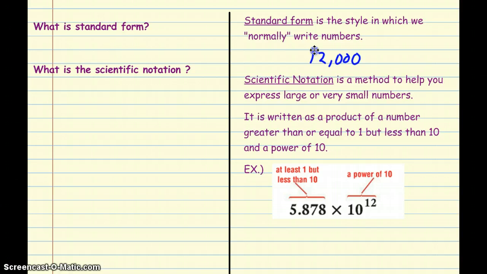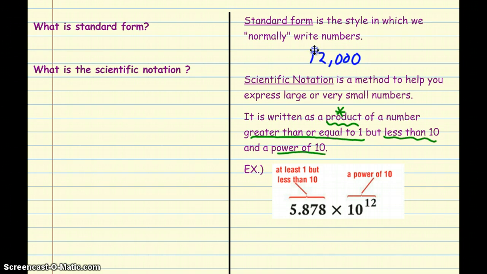Now, what is scientific notation? Scientific notation is a method to help you express large or very small numbers. It is written as the product. Product means to multiply, of a number that's greater than or equal to 1 but less than 10, and a power of 10.